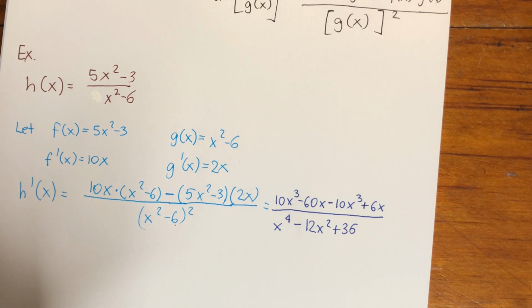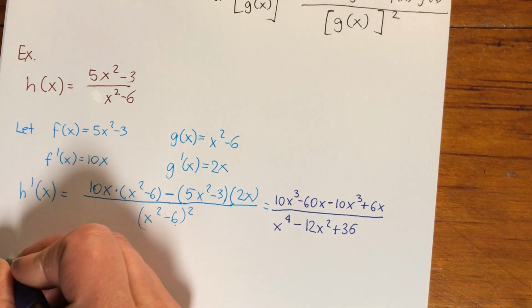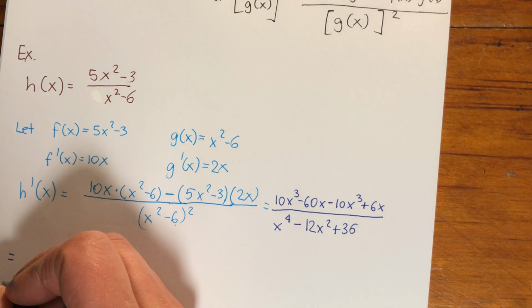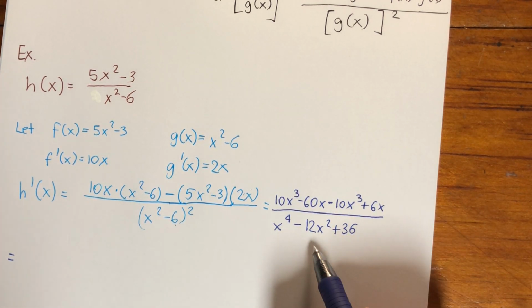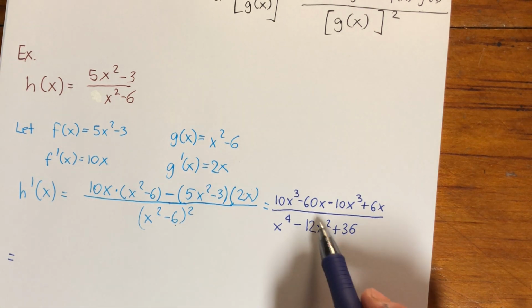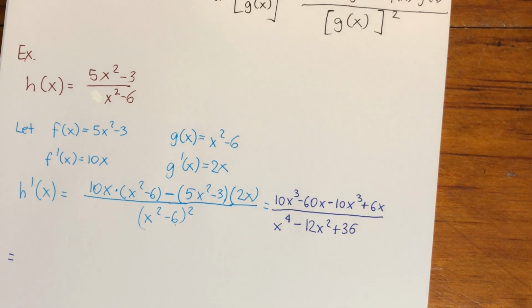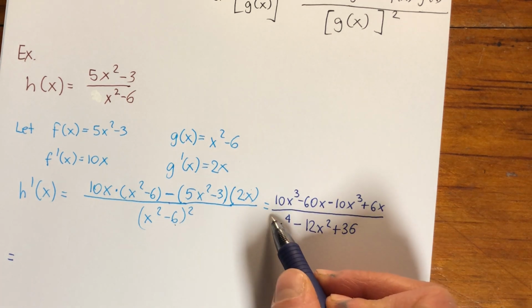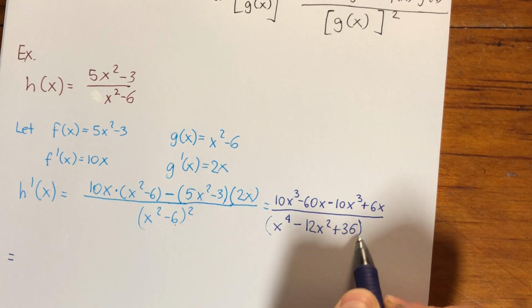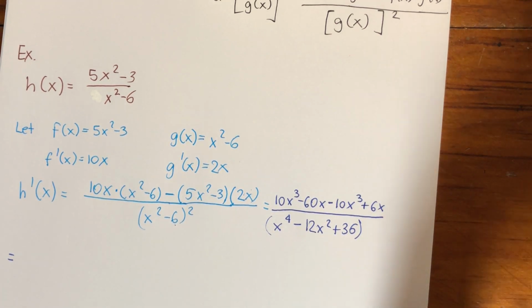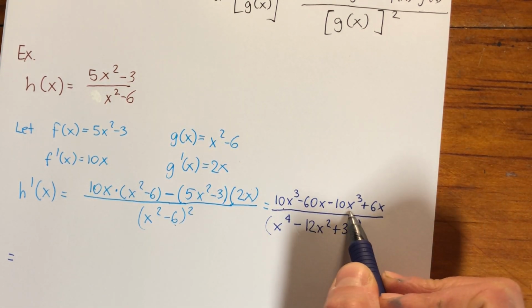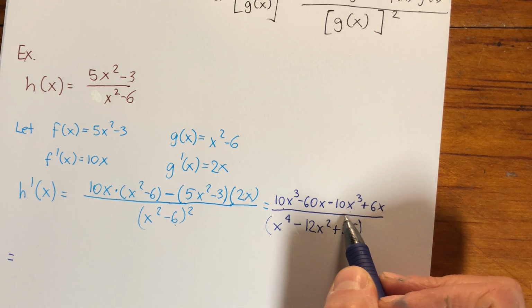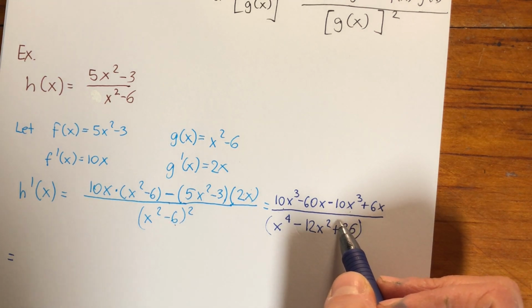Let's see what I have. If we continue, well, sometimes it might be good practice not to do what I just did, because if you don't, then you can hope for the best that something will simplify. So I just want you to be aware, sometimes it is good to do it, sometimes it is not. Let's see if we can clean anything up. 10x to the 3rd minus 10x to the 3rd, that's gone.